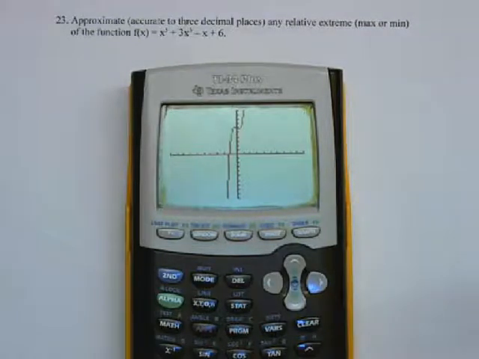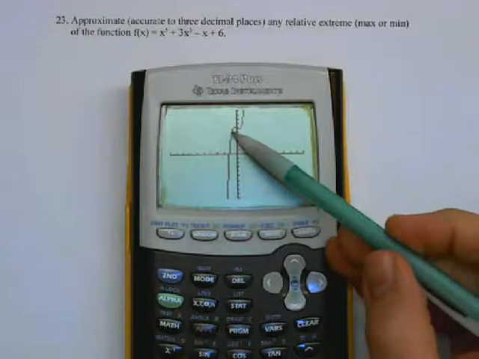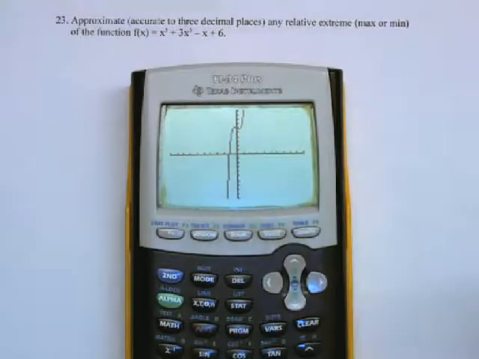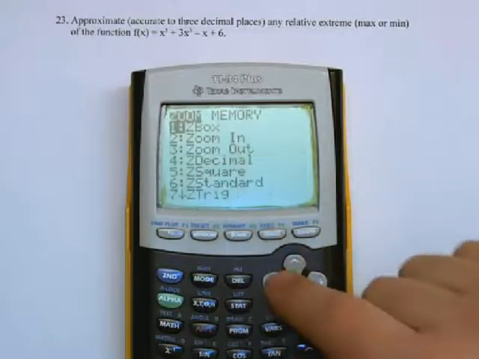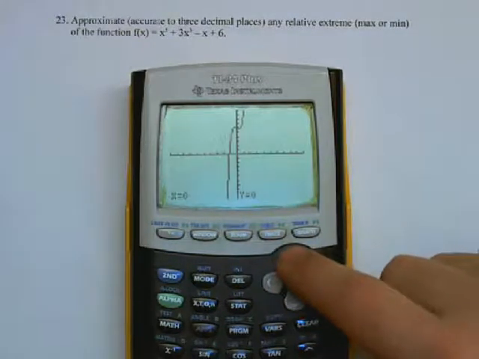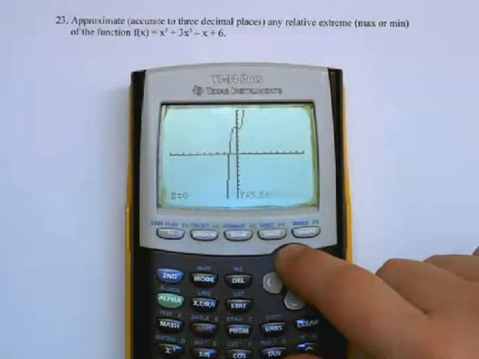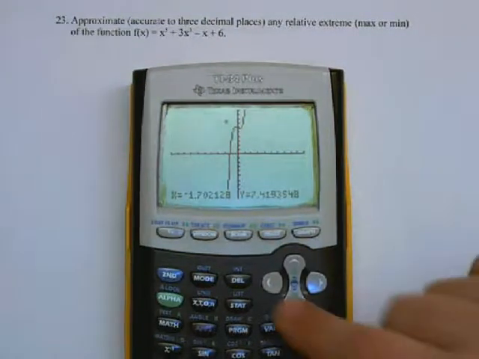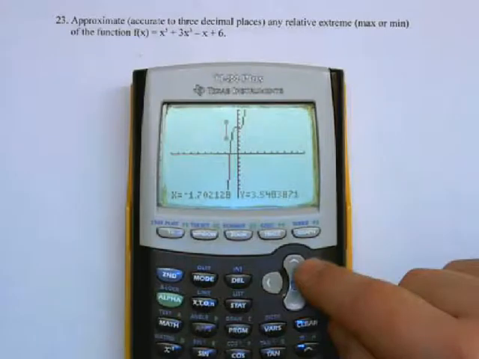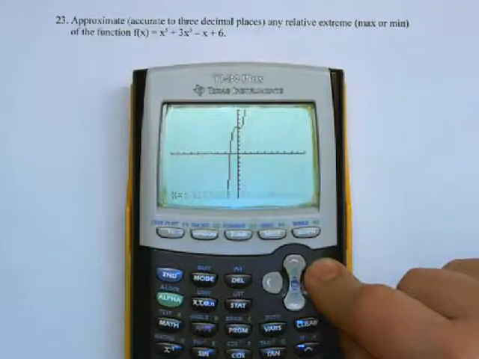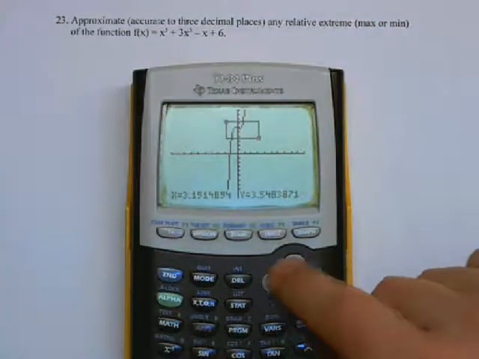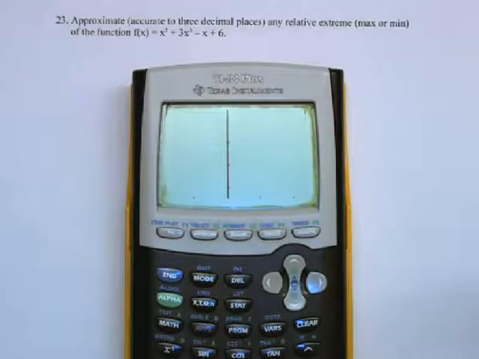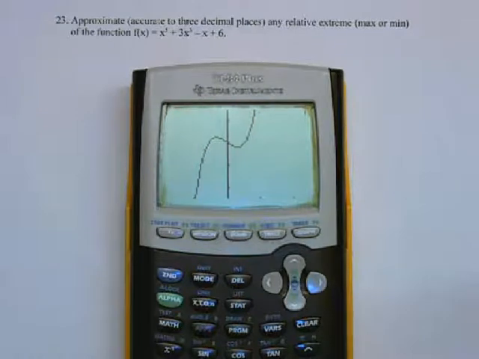And it appears that there may be a peak and a valley somewhere around here. So let's zoom in. I like the zoom box. And with this window, I can clearly see the relative maximum and minimum.